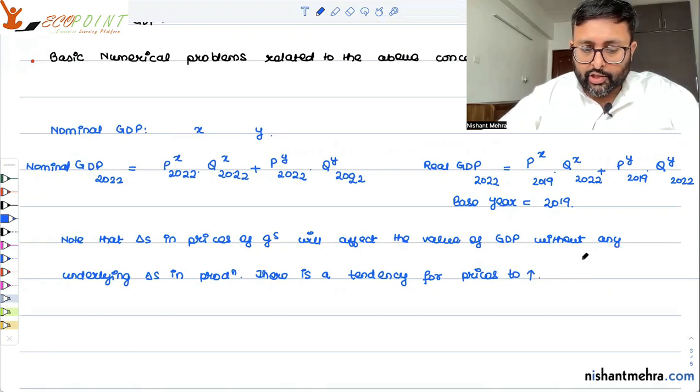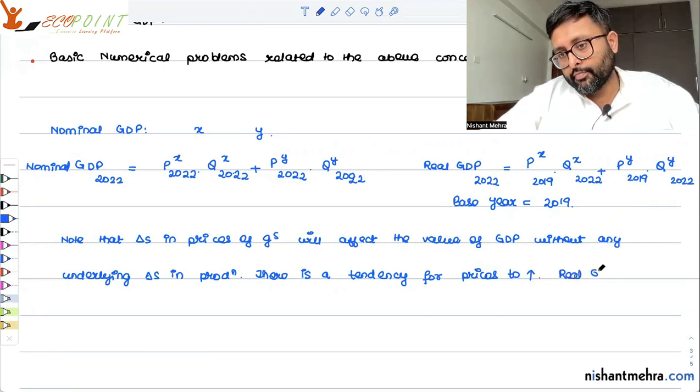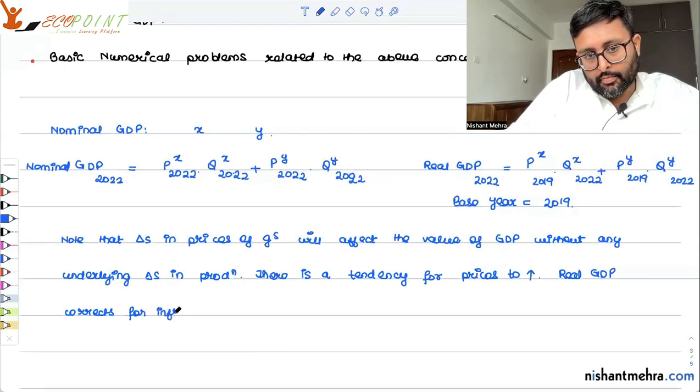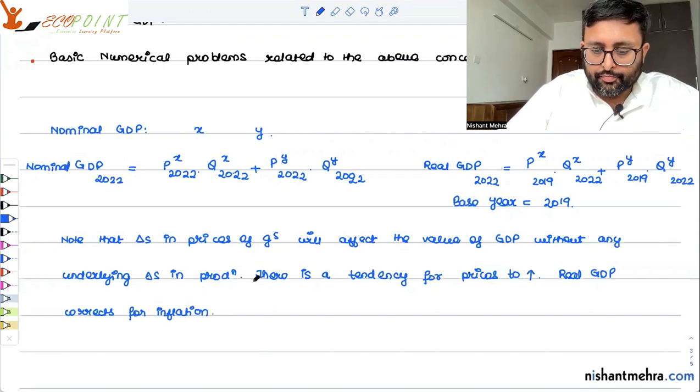So please write: real GDP corrects for inflation.